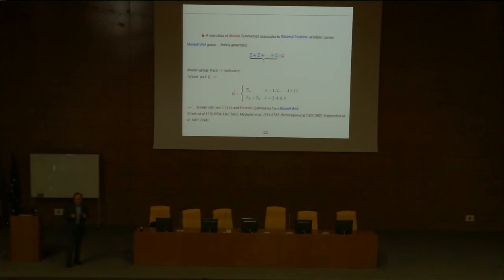After that, the game becomes difficult, and possibly you cannot write many superpotential terms sufficient to interpret the low energy theory. So we know the following, that there are abelian symmetries which are associated to the rational sections of the elliptic curves, and that there is an abelian group with finite rank, which is of course unknown, but also there is a torsion part in your theory where this torsion part contains discrete symmetries, and these are classified by mathematicians to be Z_n, or this product here, as you see.